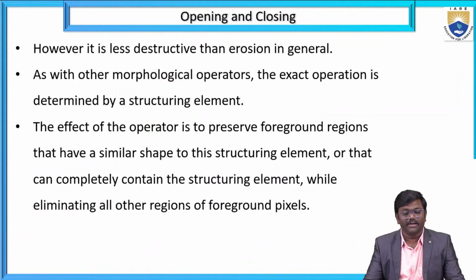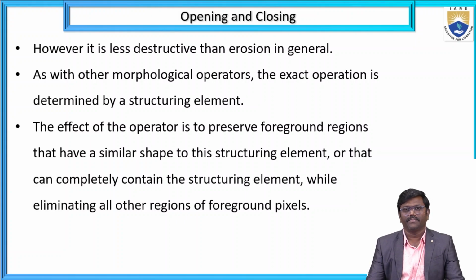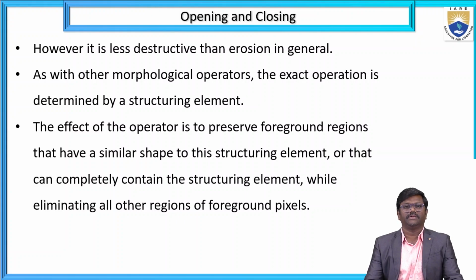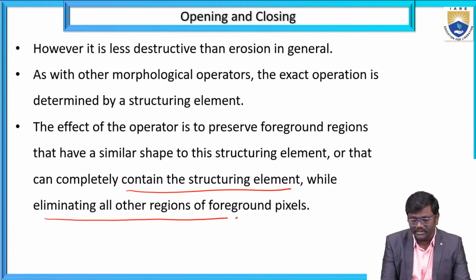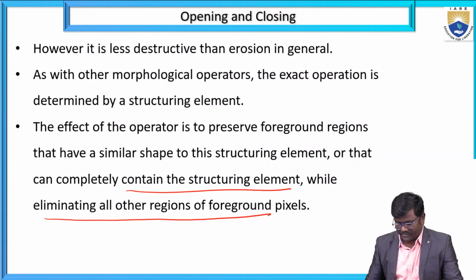It is less destructive than erosion in general. As with other morphological operators, the exact operation is determined by a structuring element. The effect of the operators is to preserve foreground regions that have a similar shape to this structuring element, or that can completely contain the structuring element, while eliminating all other regions of foreground pixels.